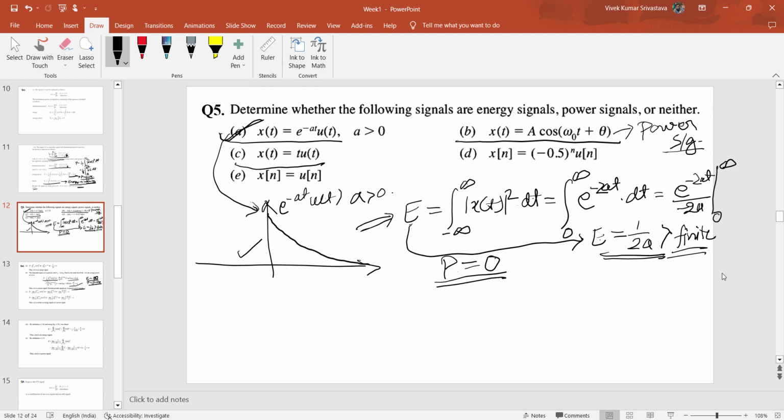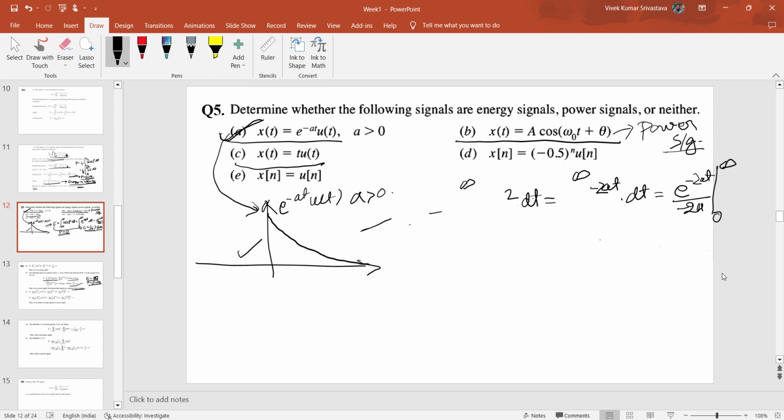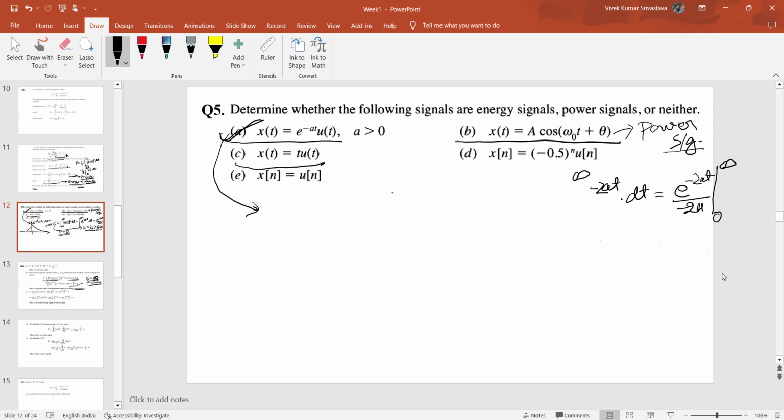Okay, so similarly the third problem we can solve, that is x of t is equals to t into ut. Okay, let me remove this first. So the other problem is x of t is equals to t into ut. Okay, so this kind of signal we will first plot.